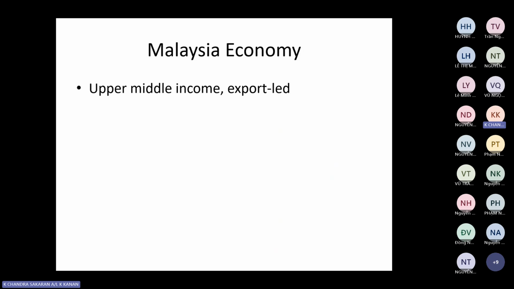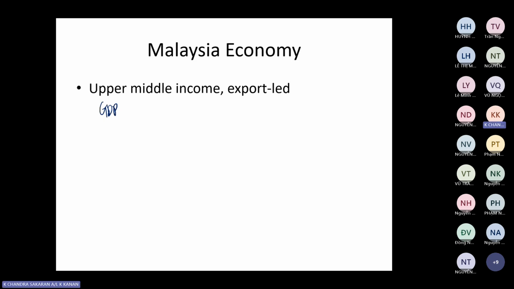Okay, next thing you have to do is choose a country. In my example here, I'm taking Malaysia. You can take any country you want. In your project, you have to provide some description of the country's economy. Malaysia, for example, is an upper middle income country. Upper middle income means the GDP per capita will be how much?